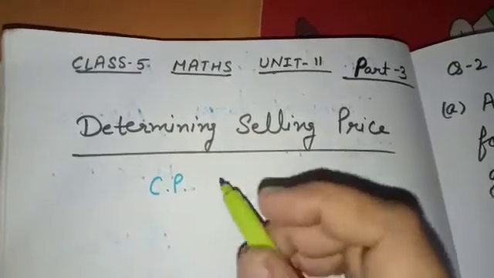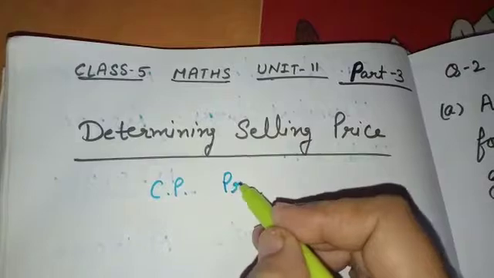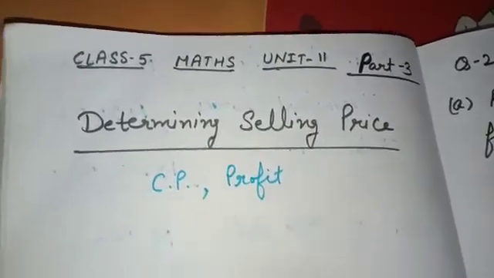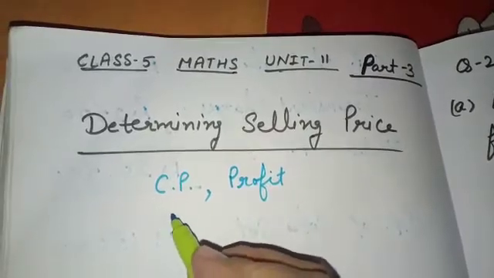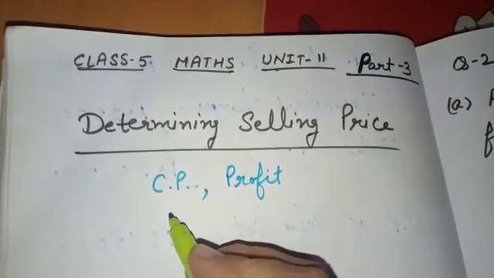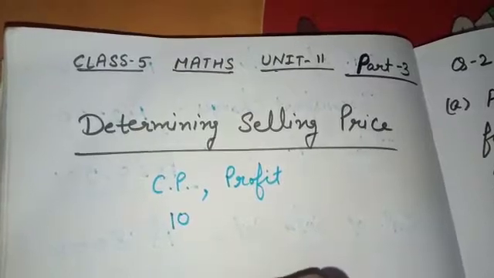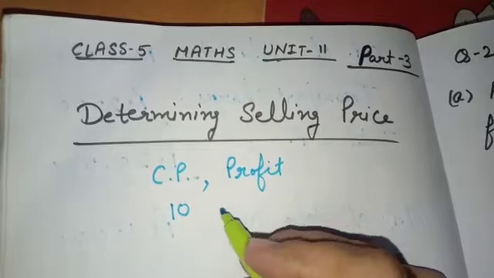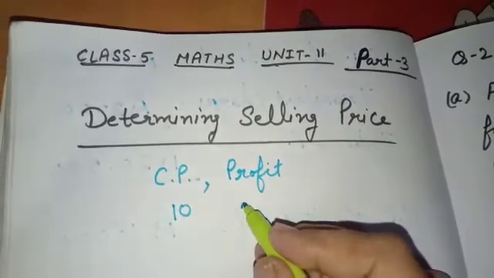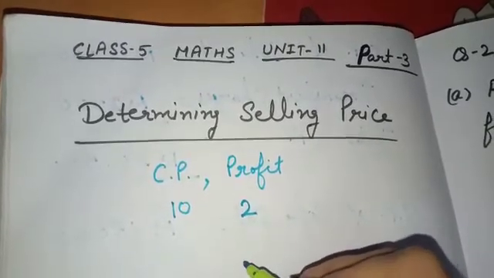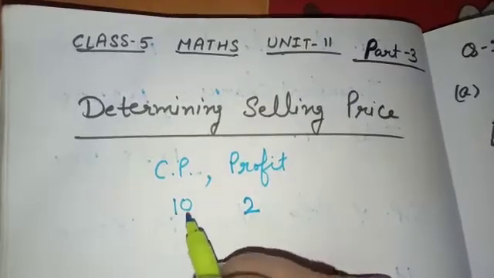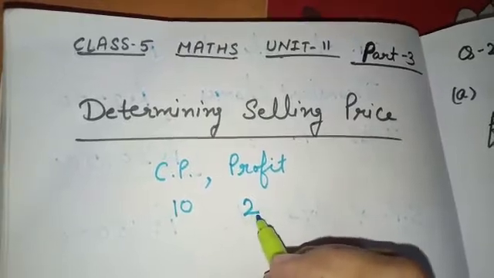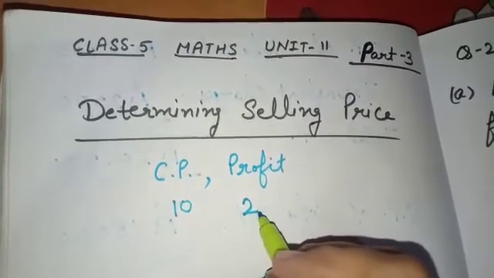The first is cost price along with profit is given. Let's take an example. Suppose you purchased a pen for rupees 10 but you sold that pen to your friend at a profit of rupees 2. You purchased a pen, meaning the cost price of the pen is 10 rupees, and you sold the pen at a profit of rupees 2.